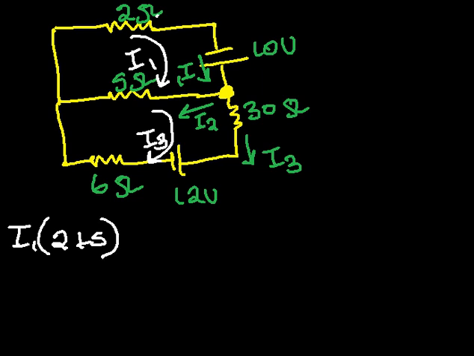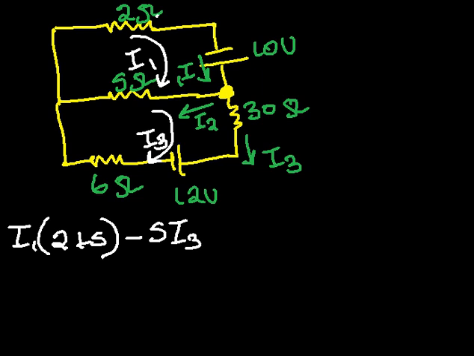Next, out of these 2 resistors, do we have any resistor which is being traversed by the current from the other loop? We have resistor 5. We'll have minus 5 times that current from the other loop, giving us I3.